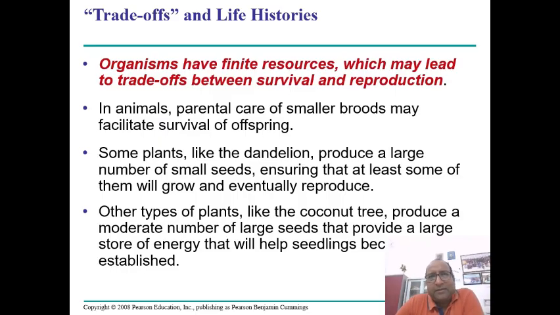They will fight together to survive on those resources, and for their reproduction. If they fight among themselves, they will get less time for reproduction. In animals, parental care of small broods may facilitate survival. It means if the animal shows parental care for its new young ones, they will be saved during their early lifetime, so they will survive in the early stage.